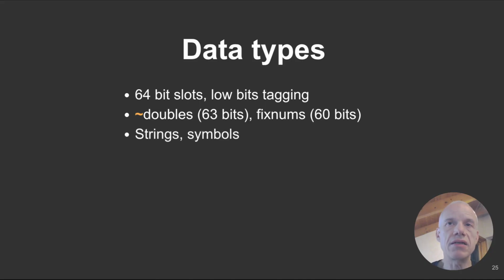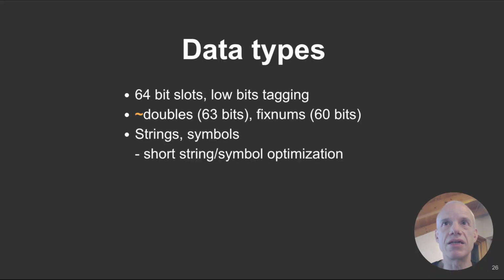And there are strings and symbols, of course. There is a short string and symbol optimization. Actually, I checked the code a few moments ago, as I was not remembering correctly. The last time I worked on this was about 2 years ago. I remembered that the symbols are actually just indexes in a symbol table.